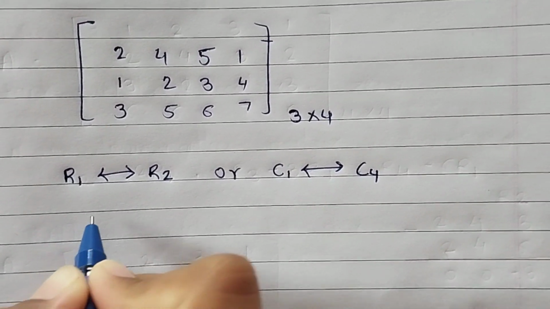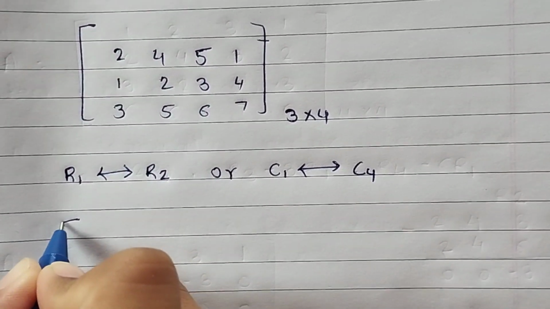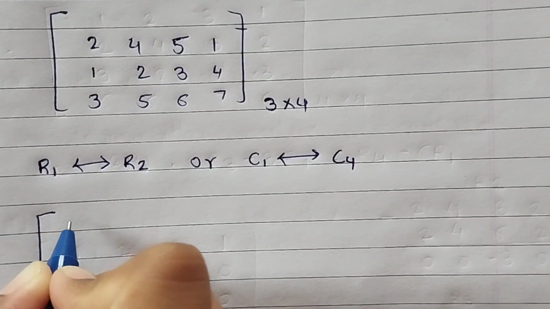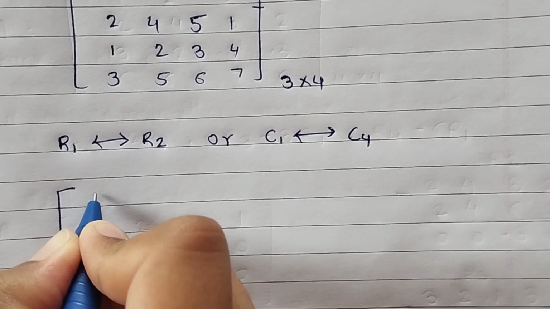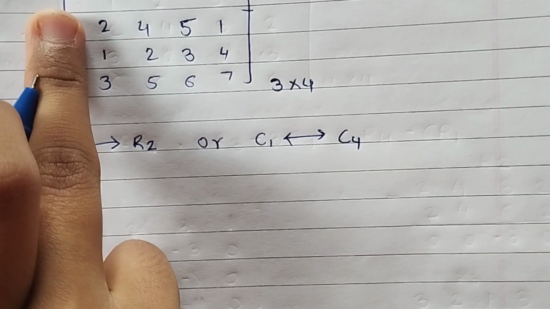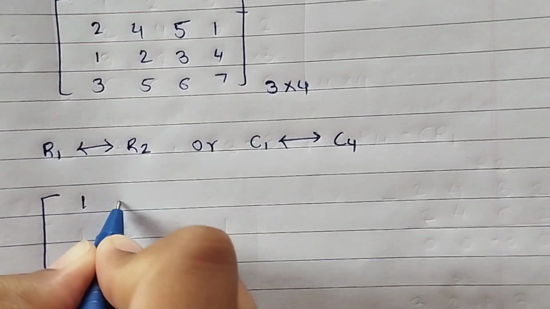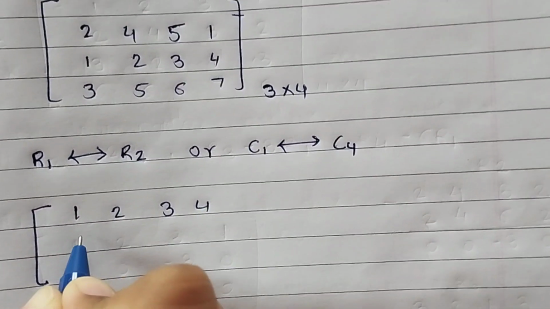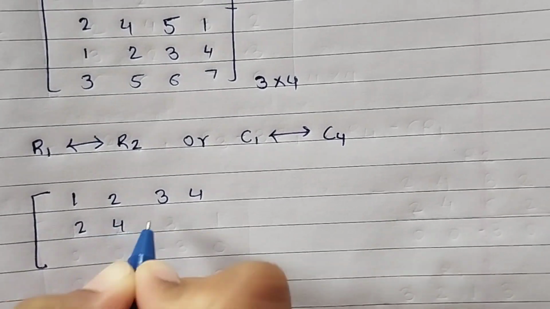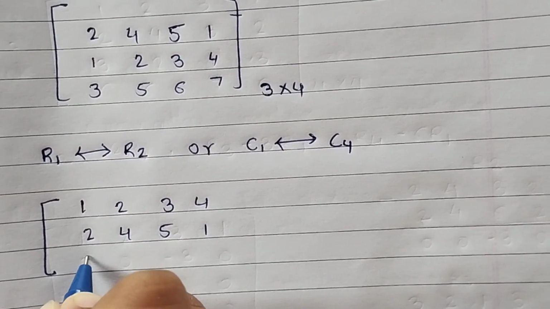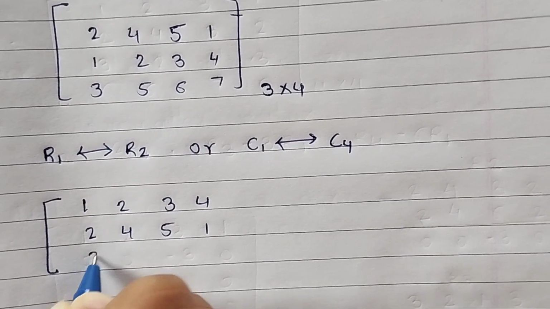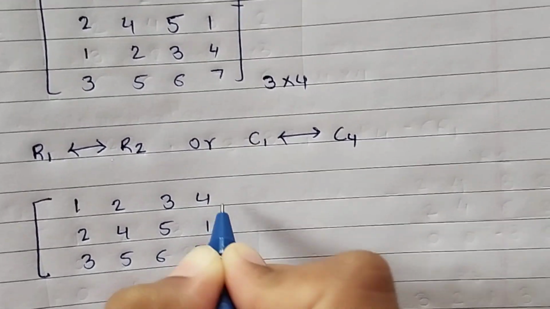If we perform R1 interchange with R2, then the matrix now, R2 interchanged with R1, is 1 2 3 4, 2 4 5 1, and R3 remains as it is, 3 5 6 7.